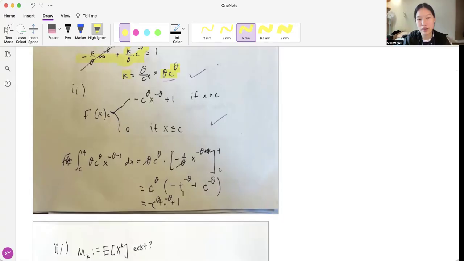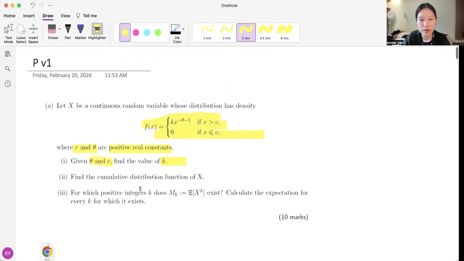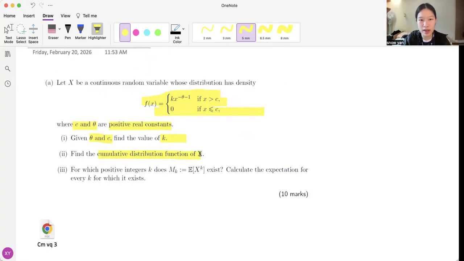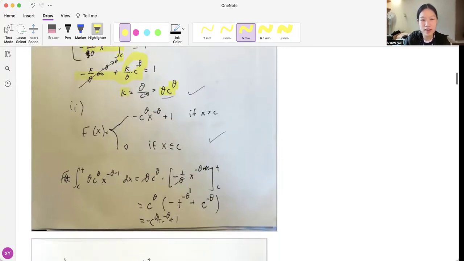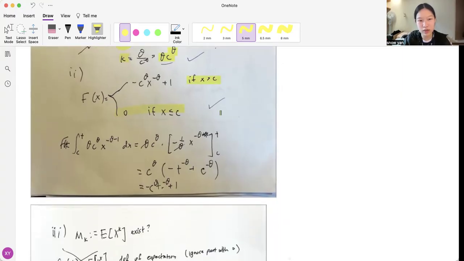Next, in part 2, I'm asked to find the CDF of x. The CDF is basically everything from negative infinity up to that point. Everything at or below c is 0, so we only deal with the part where x is greater than c.